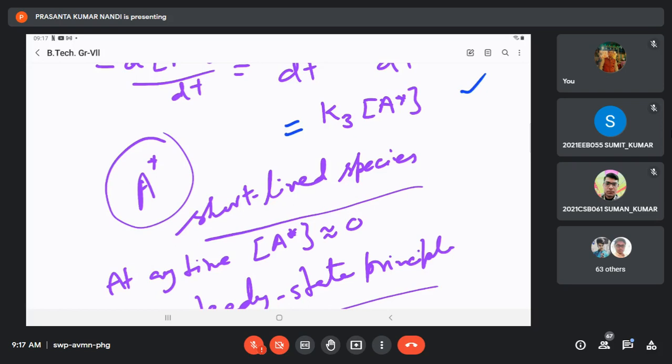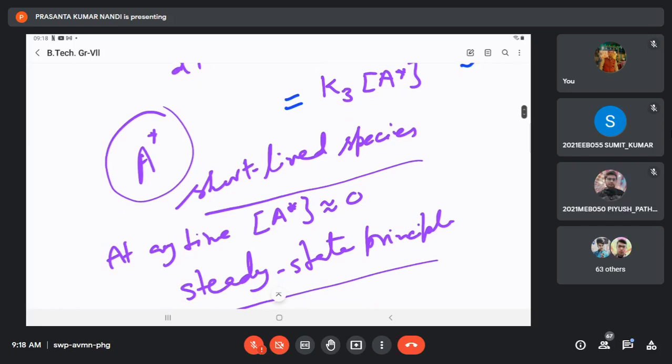So there are several ways these activated species have a chance to be deactivated, because of collisions either with normal reactant molecules or with the container of the reaction vessel. So at any time, as in the steady state approximation, as you know, the concentration of this activated species would be very small.